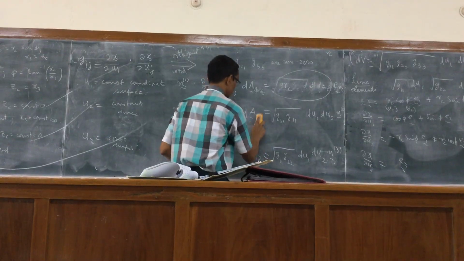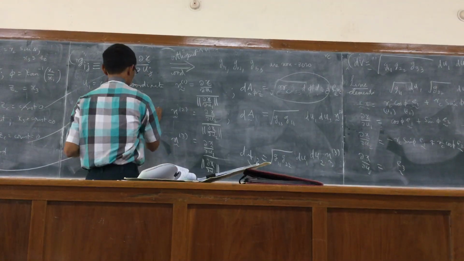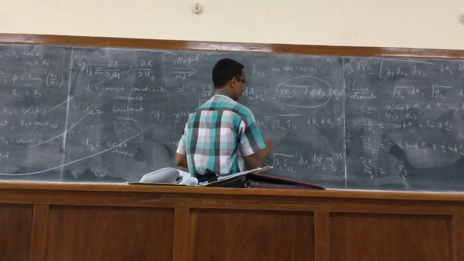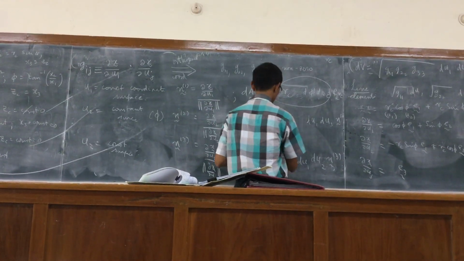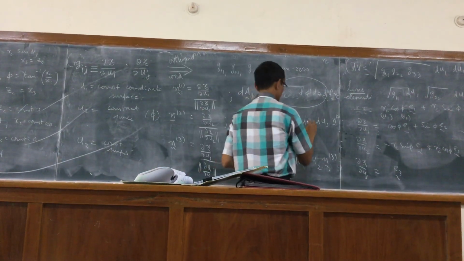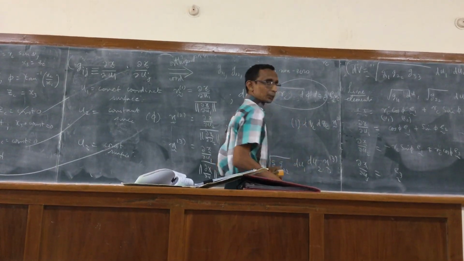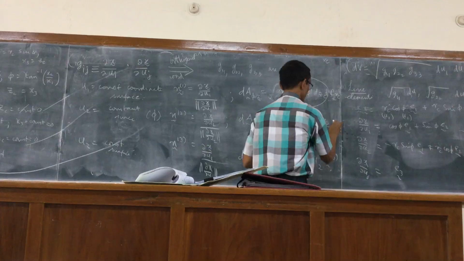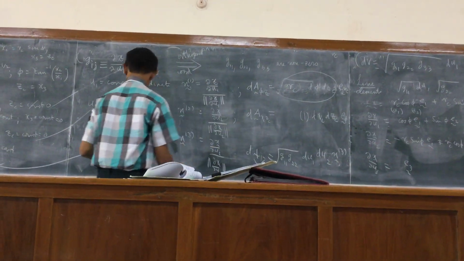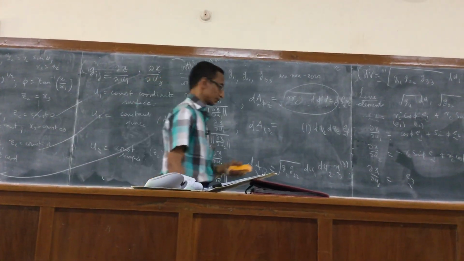In the same way you can write down all the other coefficients. So this would be u2 equal to constant, that is the phi equal to constant surface, which would simply be given by du1 du3, so that would be RC, ZC. The coefficient that multiplies would be 1, so this would be dRC dZC. And this dA12, so that's the u3 equal to constant surface, that is the ZC equal to constant surface.